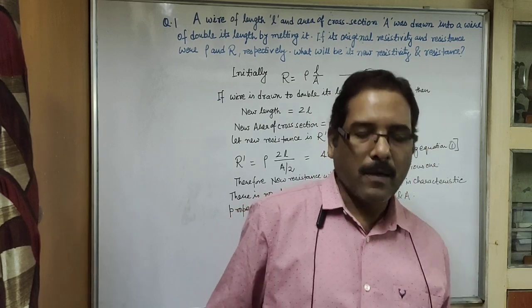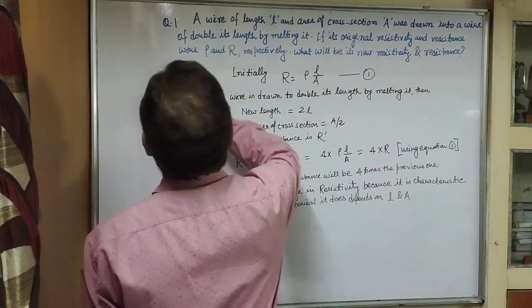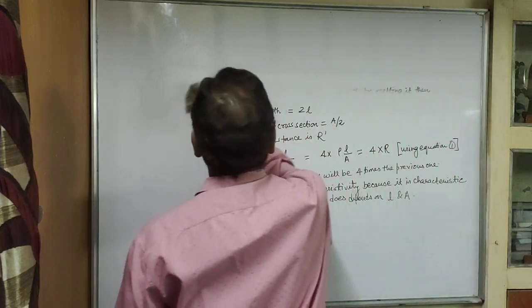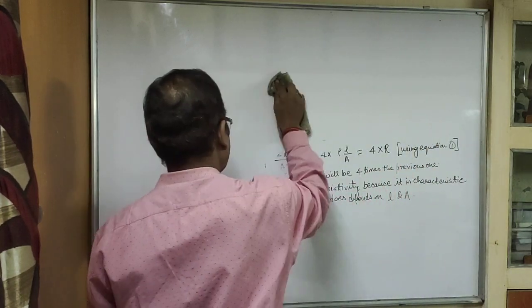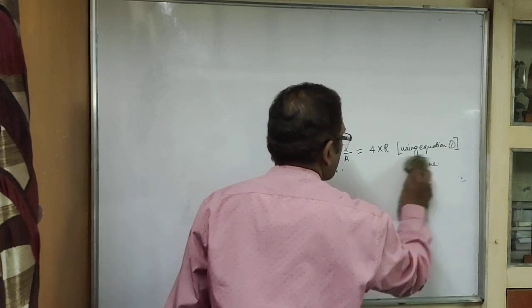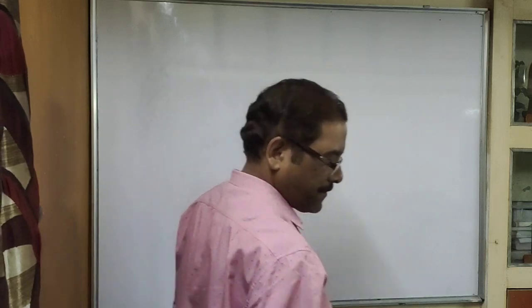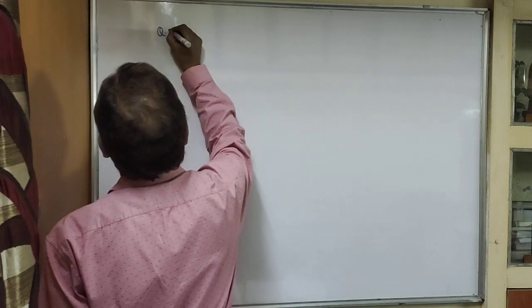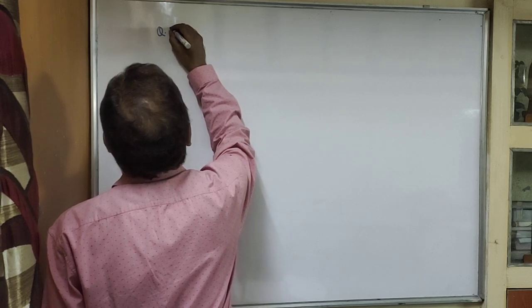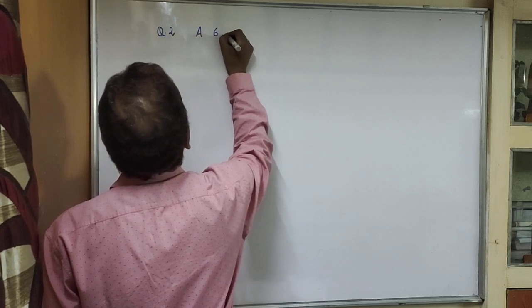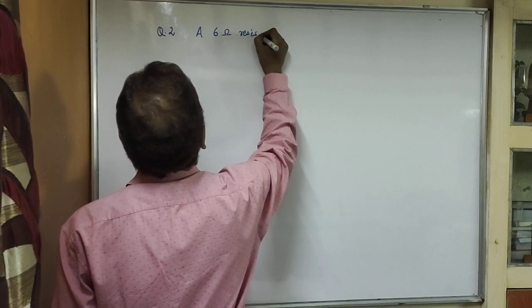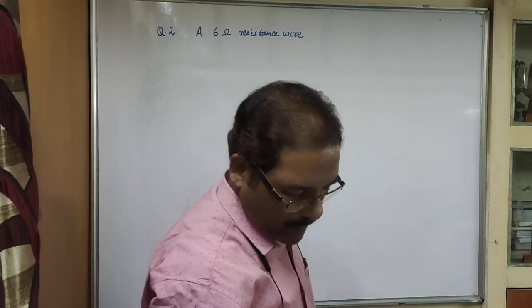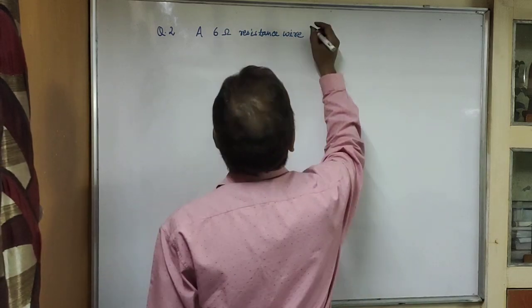Now giving another question, a similar type of question. The question is, a 6 ohm resistance wire is doubled up by folding.